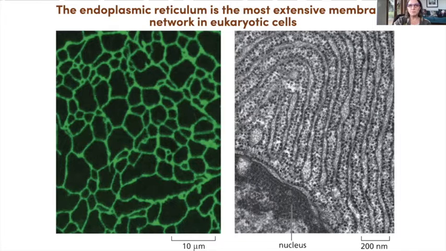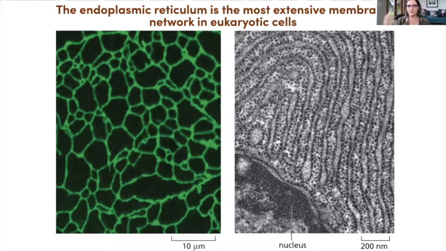So most proteins that are going to be inserted into any cellular membrane or exported from the cell or targeted to a variety of different organelles in the cell are synthesized by ribosomes that are associated with the endoplasmic reticulum.